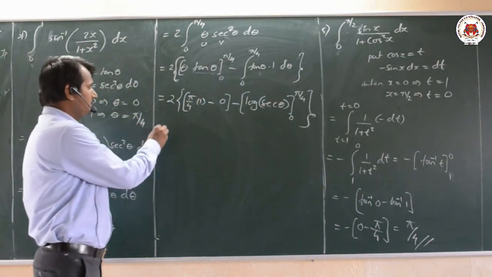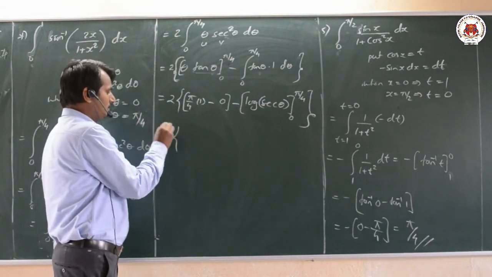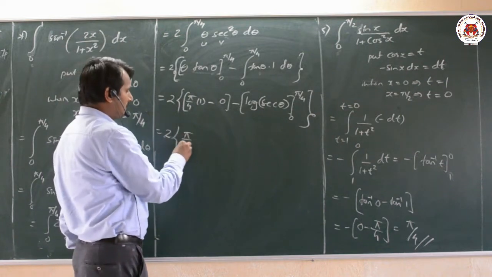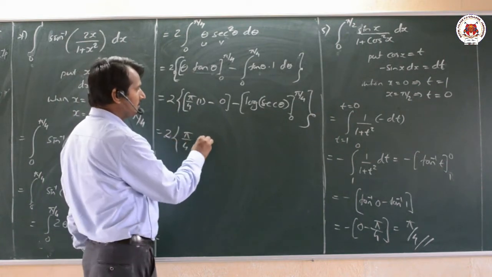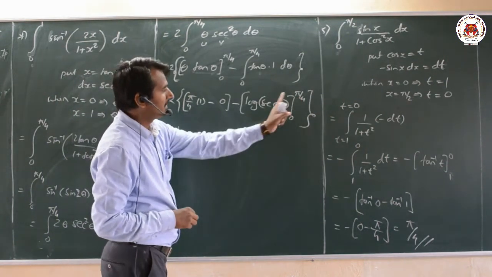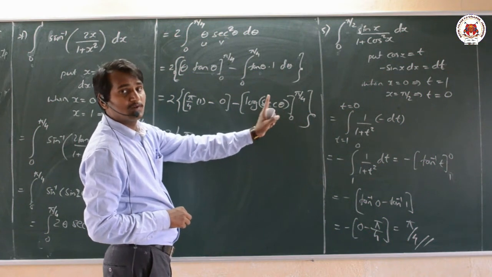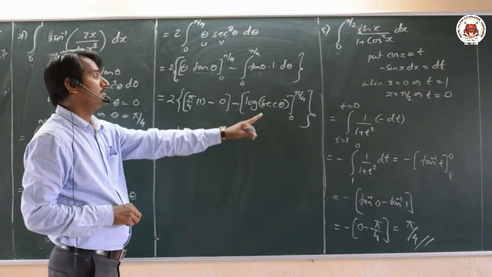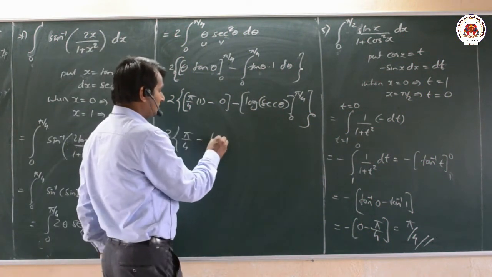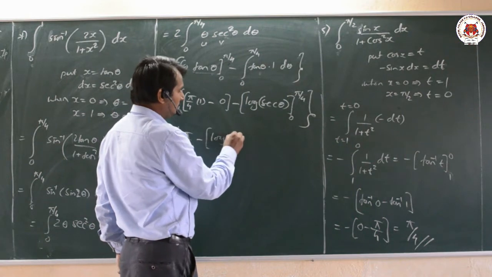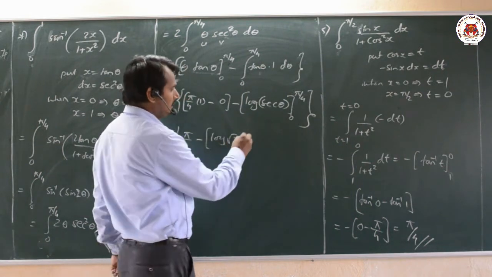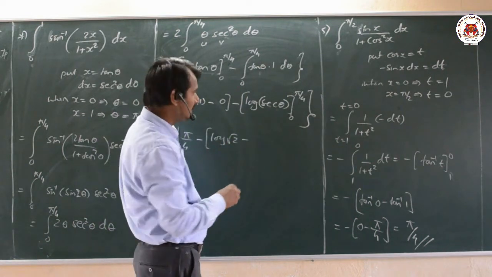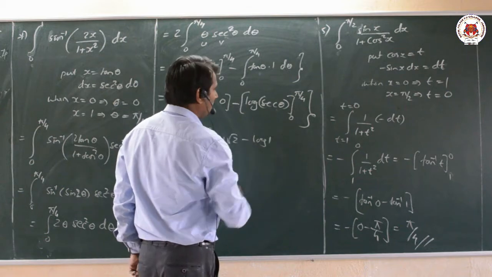So here that is 2 into pi by 4 minus, now substitute the upper limit, secant pi by 4. What is the value of cos pi by 4? That is 1 by root 2, so secant pi by 4 is root 2, and the value will be log root 2. Minus secant 0, the value will be 1, that is log 1.